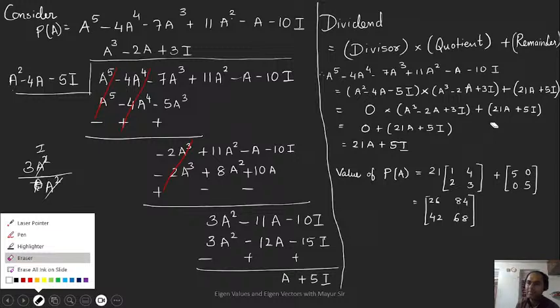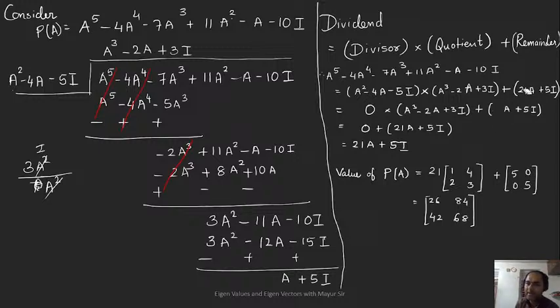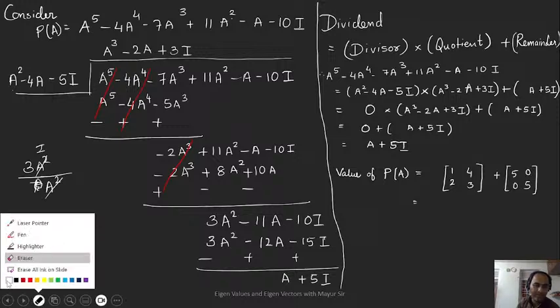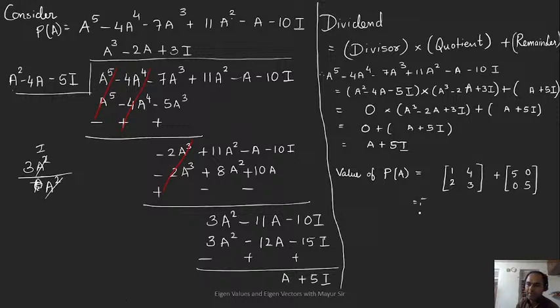So you will have this here as A. This won't be 21, then this is A plus 5I, which is very easy. It won't be this big number, it will be just 5 added. So that will be 6, 4 and 2, 8. This would be the answer.